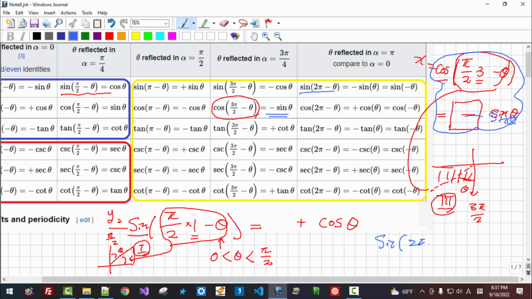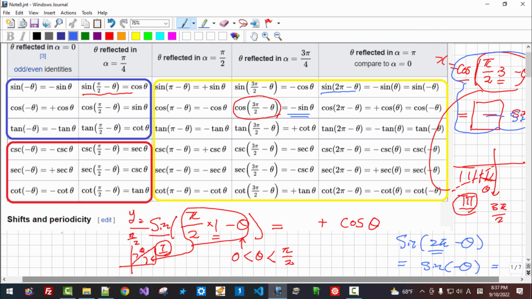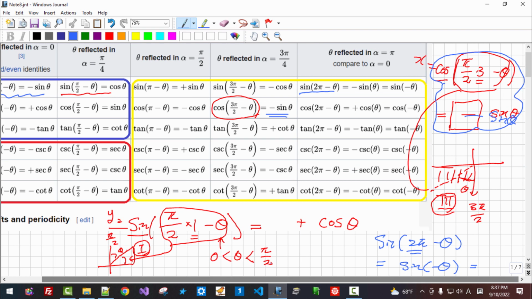For example, in this case, sine of 2 pi minus theta, this is periodicity, so sine of minus theta. We apply this rule, so it becomes minus sine theta.